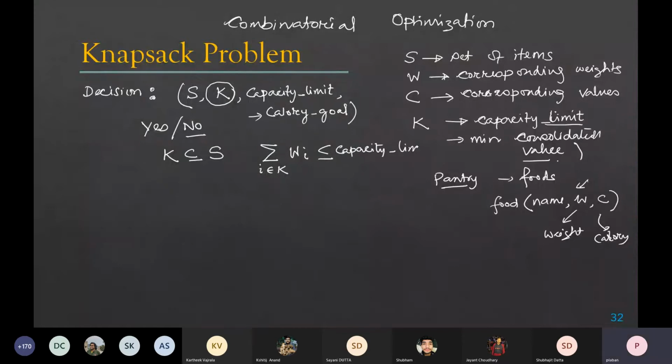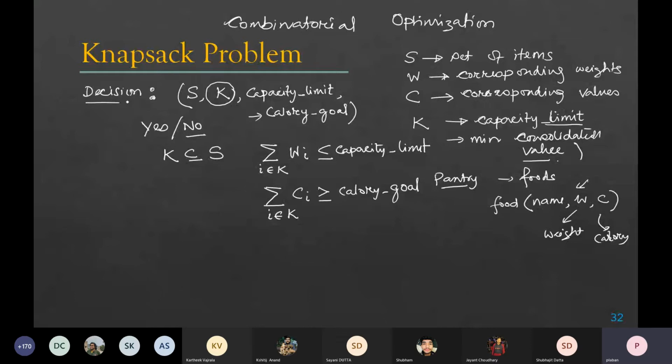Right? And the other constraint is that for all the items in the knapsack, if you sum up the calorie content, it should be greater than or equal to the calorie goal, right? So this is the formalization of the decision problem.